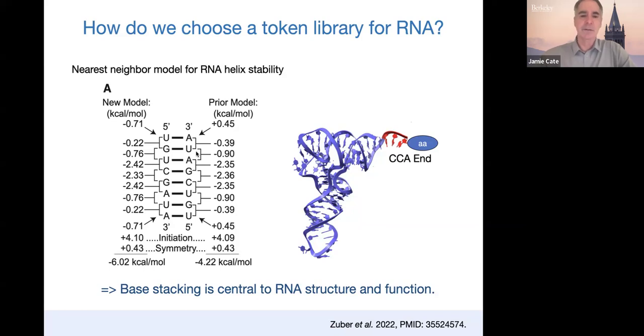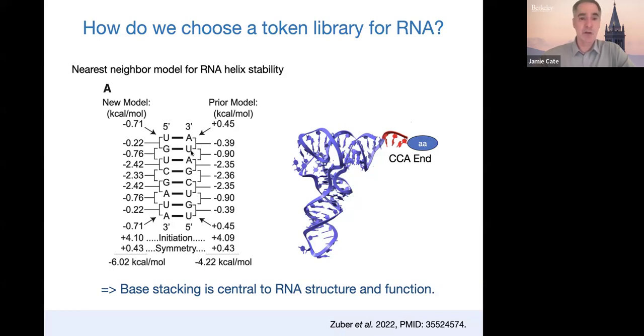This is just an example of a case where they made some improvements to a model, but it's really the fact that this UA pair, how it contributes to the stability of an RNA helix, is based on what's above it and what's below it.